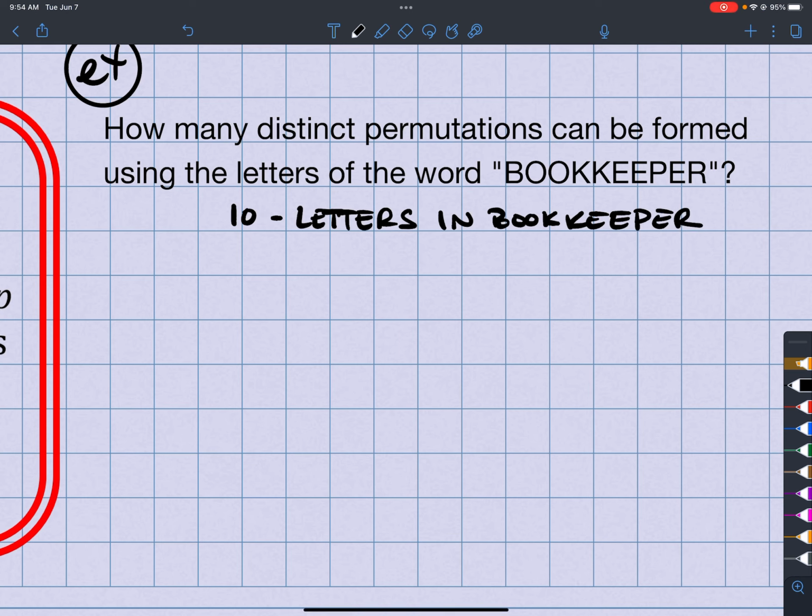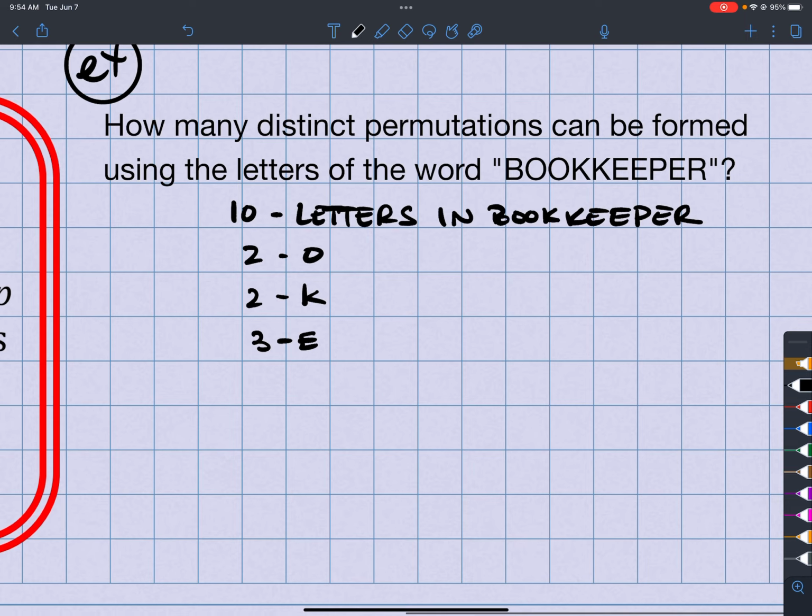Okay, all right, so if we look at bookkeeper, what letters repeat? Okay, there is 2 O's, there is 2 K's, there is 3 E's. Anything else? Let me see. The P doesn't repeat. The B doesn't repeat. Okay, and the R doesn't repeat. Okay, so that's what we have.